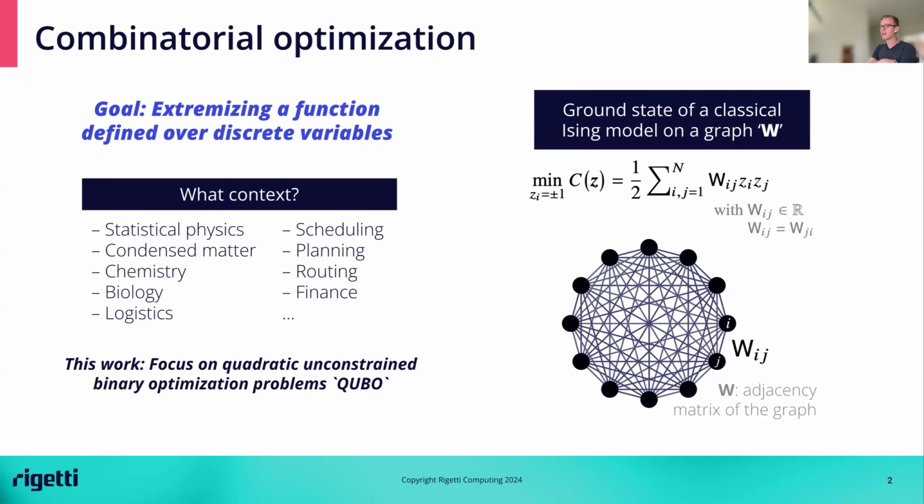So we have Ising spins, which take discrete values plus minus one. And then we have two-body interaction terms between them. And so we can picture that problem as a graph where the nodes are the variables and the edges the interactions. And so our problem is defined as a graph, which is defined by an adjacency matrix W.